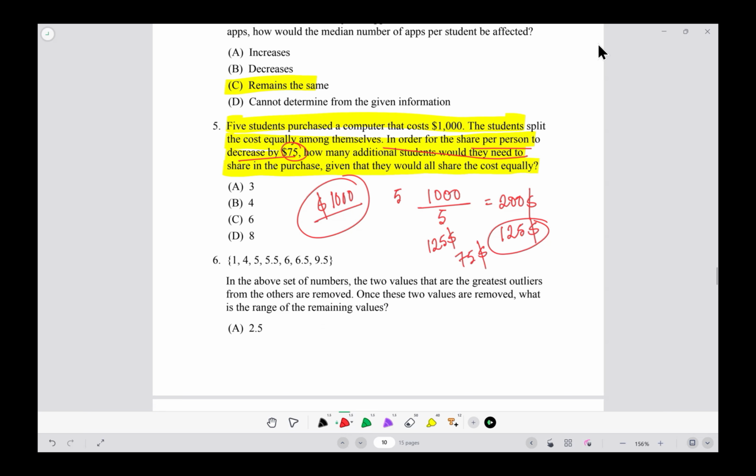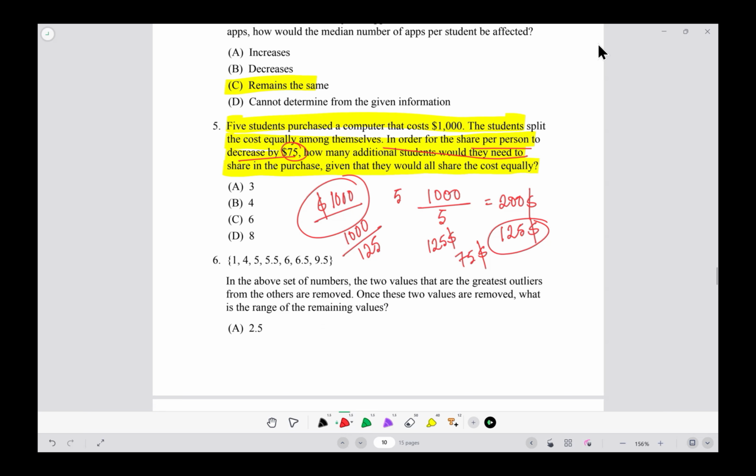Okay, how many additional students would they need to share the purchase, given that they would all share the cost equally? I think you can solve this problem by dividing $1,000 by $125, because they're decreasing by $75.